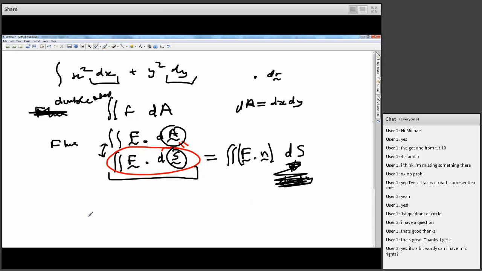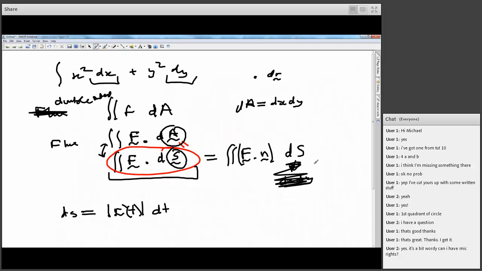Just like when we had the little ds before, the S in that case stood for arc length. That's the little ds for the arc length, for a vector line integral. I had to introduce effectively the length of the tangent dt, which in our case ended up being the square root of x dash squared plus y dash squared plus z dash squared, to transpose it into a simple letter.